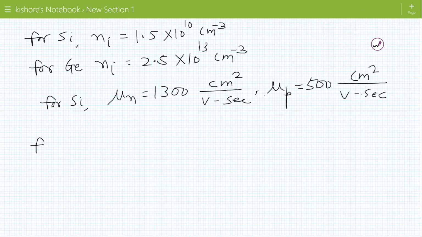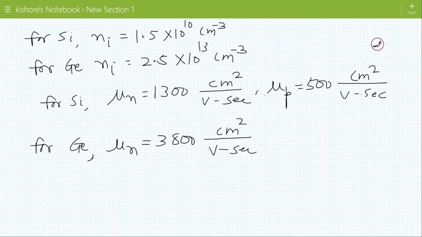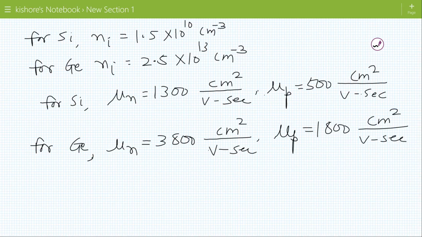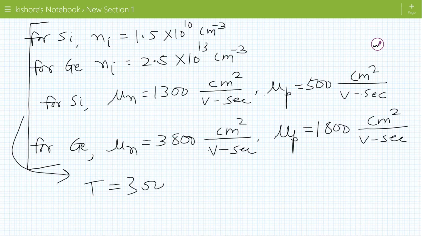For germanium, mu n is 3800 centimeter square per volt second, and mu p is 1800 centimeter square per volt second. All the information provided here is at room temperature.